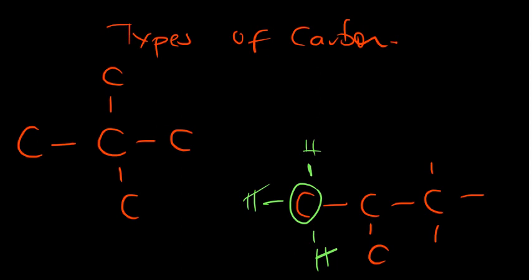Are we together? Then, if it's primary, you expect to have what we call secondary, right? A secondary one is going to be one which is connected to 2. Are we together? For example, one like that.